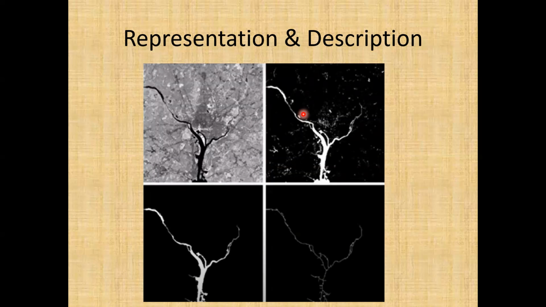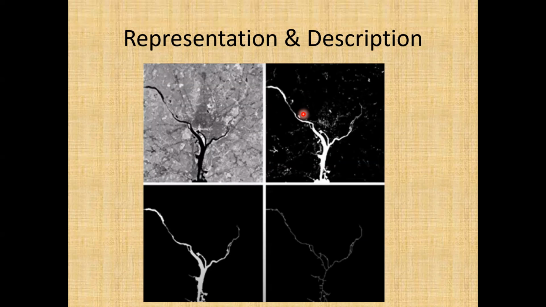This representation mainly follows the output of segmentation, which can be either a boundary or the complete region itself. And these images, after being converted into a suitable form for processing with the help of a computer, have to be described along with their features.